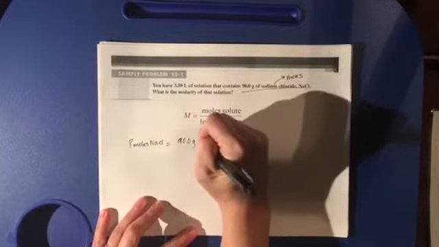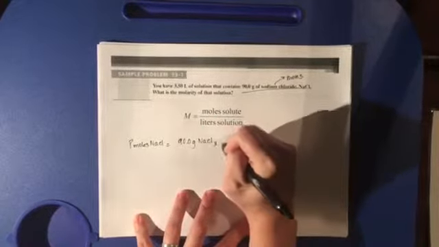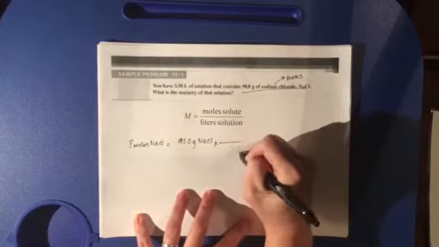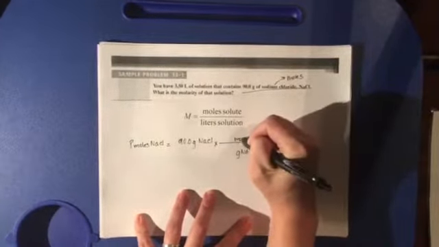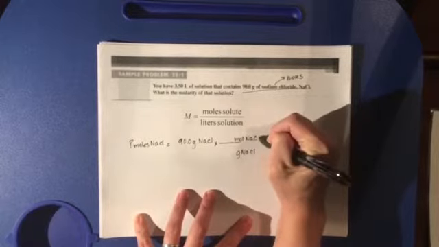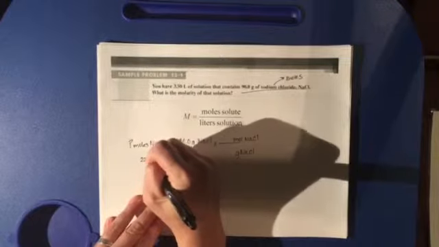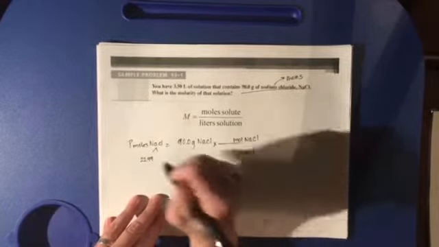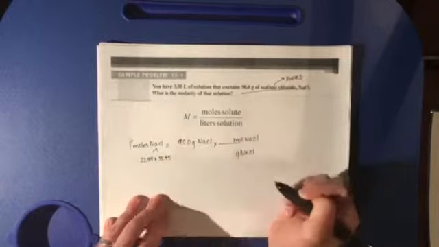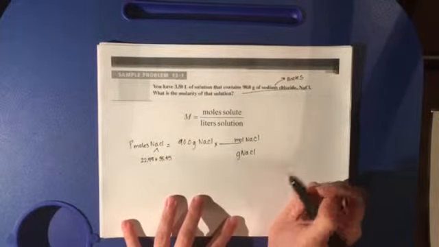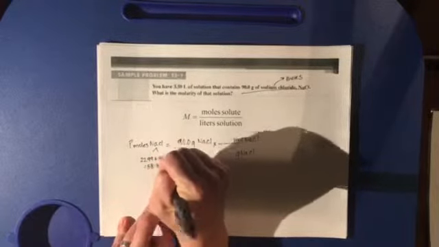90.0 grams of sodium chloride. So conversion factor with grams of sodium chloride on the bottom, moles of sodium chloride at the top. Here, from the periodic table, I'd find that it's 22.99 for sodium, 35.45 for chlorine, and so that gives me 58.44.